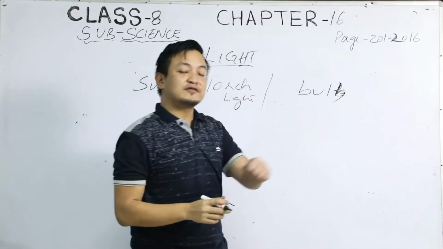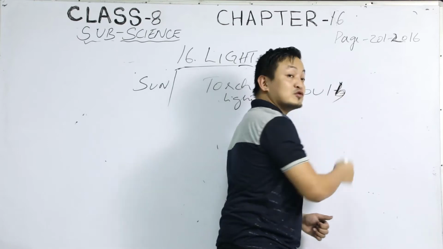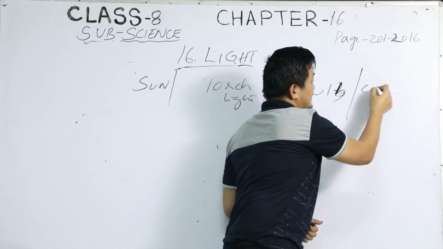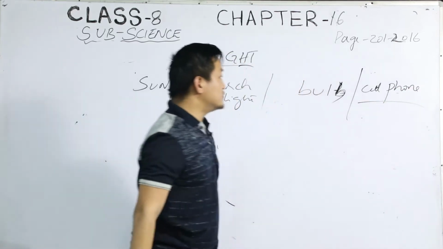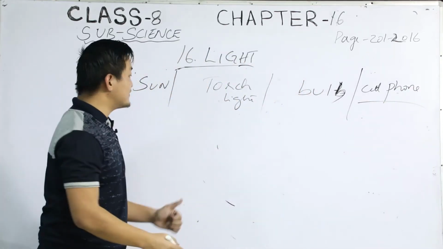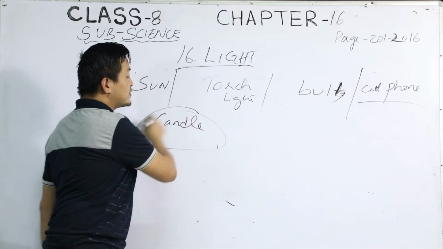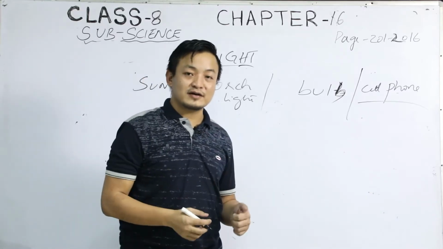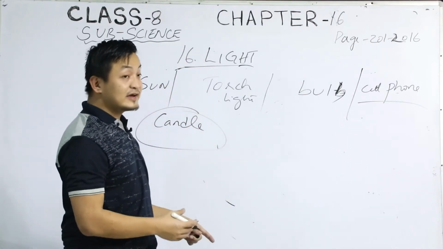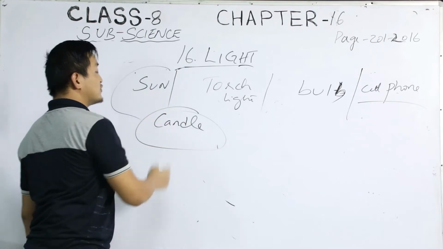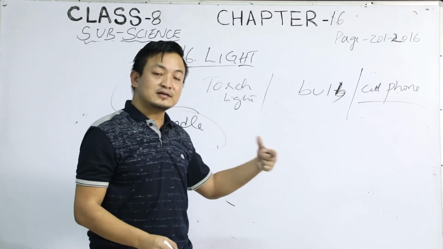These days even from the cell phone, you have a torch. So we have many ways, okay? Even though it may not be powerful, even from a candle we can get light, right? So we have many different types of light, but the ultimate natural source of light is the sun, and the others are all man-made sources.